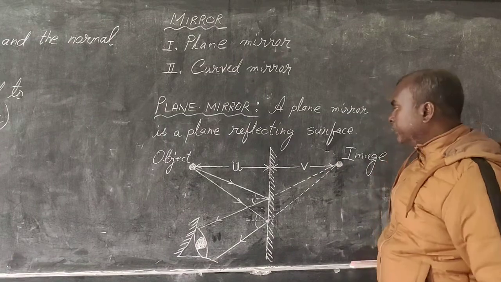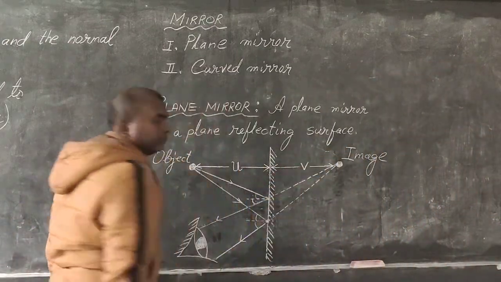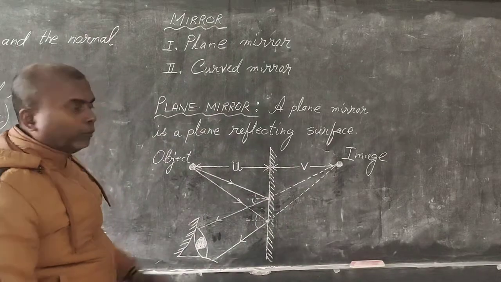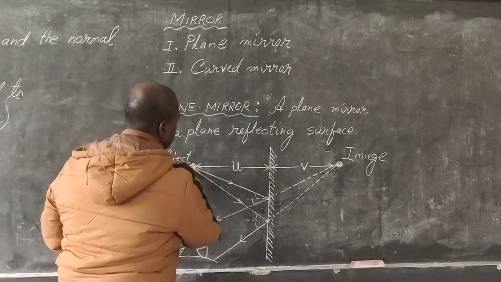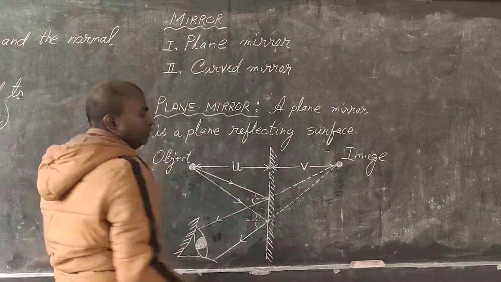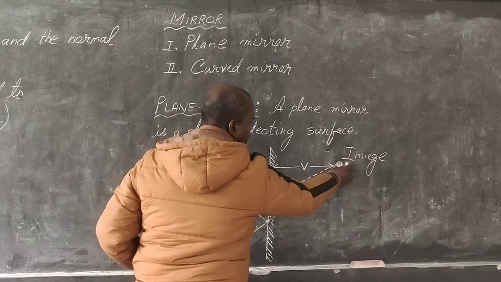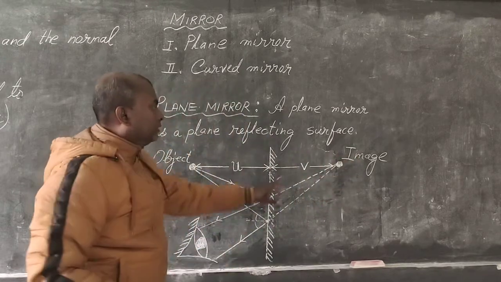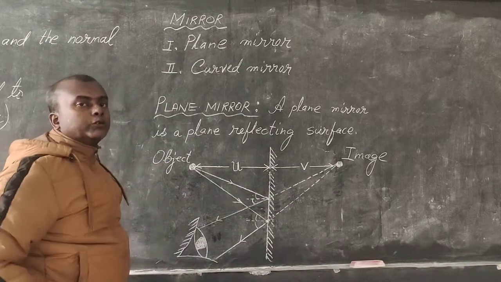And if you notice one thing, I have written over here u and v. And both of them seem to be equal, isn't it? See, the distance of this object from the mirror is u. This image's distance from the mirror is v. Both should be equal to each other.